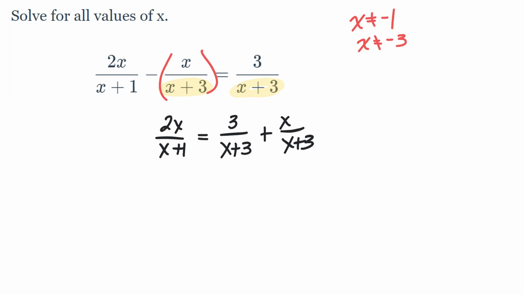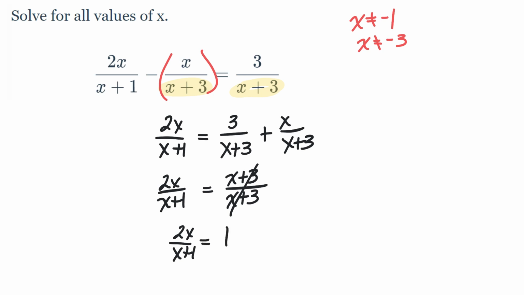What we end up with is common denominator x plus 3, obviously. And then we have x plus 3. It would technically be 3 plus x, but we can use the reflexive property and rewrite that. And it ends up looking like that. So what we have actually is 1 on the right side. So we have 2x over x plus 1 is equal to 1.